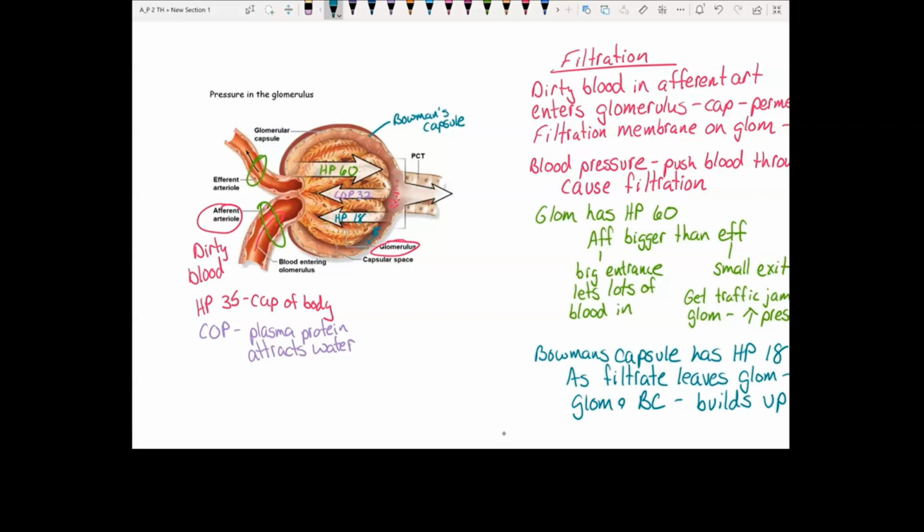So we want the net filtration pressure. This part right here is net filtration pressure. It's what you get if you add all of these up. So you have 60 going out, 32 going in, 18 going in. If you add all that up, you end up with a net filtration pressure of 10 out. 32 and 18 adds up to 50. So you have 50 coming in, you have 60 going out, you end up with 10 out. That is your net filtration pressure.